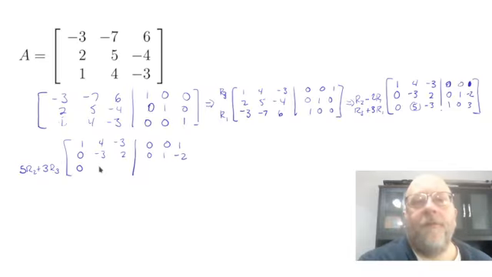All right, 15 and negative 15 goes away. This is going to be negative 9 plus 10, which is 1. That's convenient because we already get a 1 here.